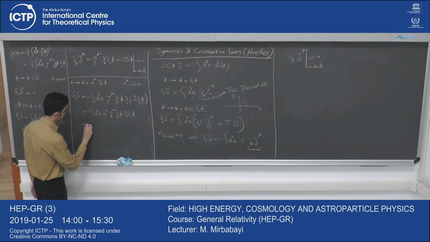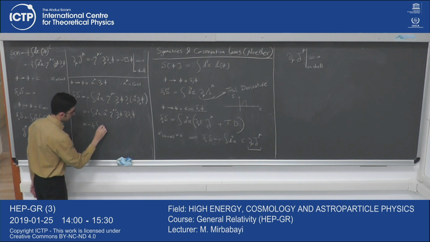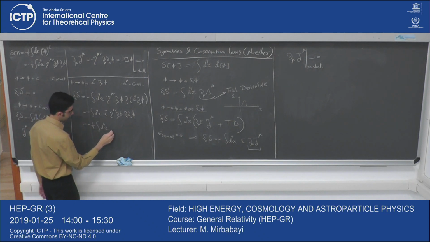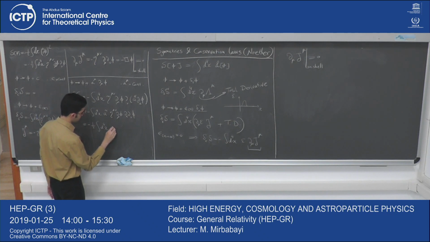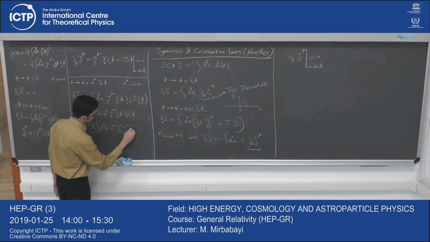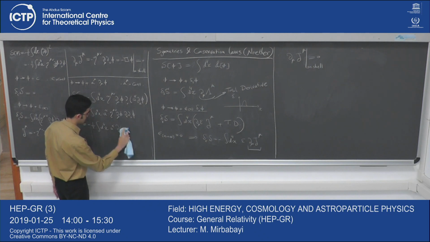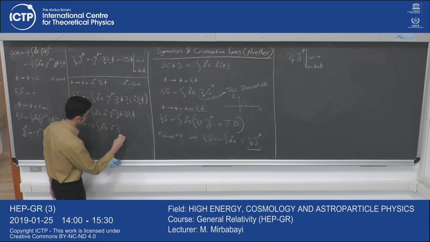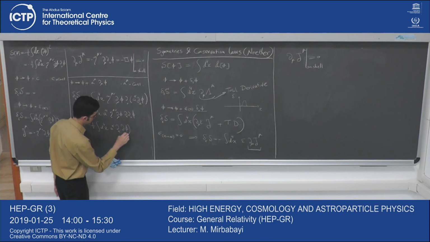But this is equal to minus 1/2 a alpha d alpha of eta mu nu d mu phi d nu phi. Let's write this just as d phi squared, so we are not used to the notation.